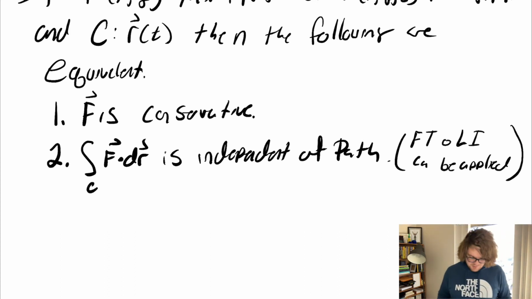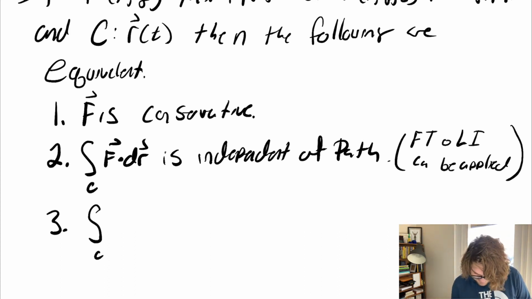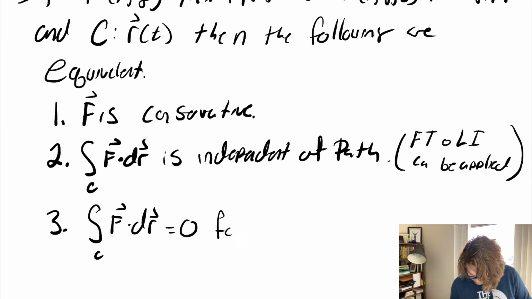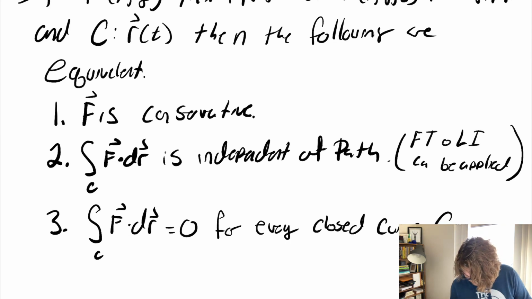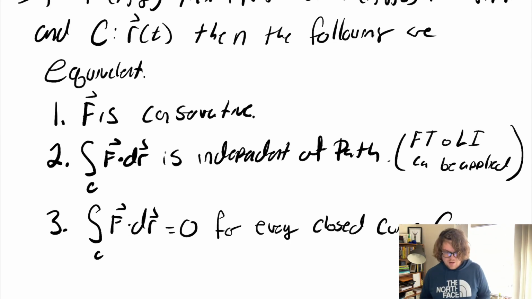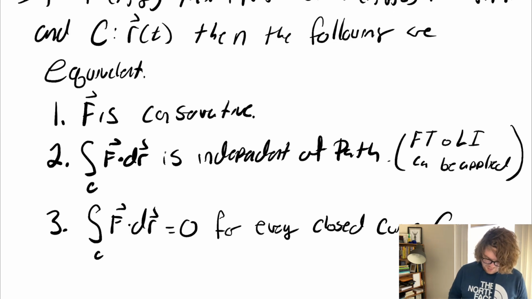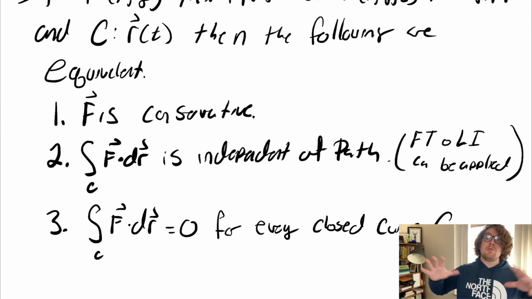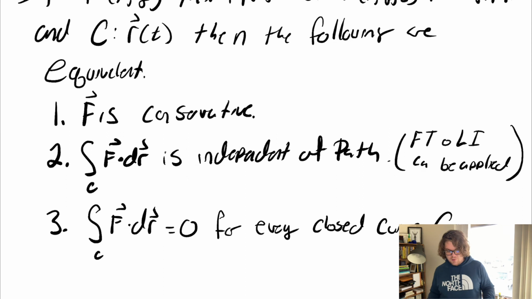And then the last condition is that the integral over the curve C of F dot dr is equal to 0 for every closed curve C in R. What I mean by that is that if you have some sort of vector field, and you evaluate a line integral over every single closed curve, which is a difficult thing to do because there are infinitely many closed curves, and you get 0 for each and every one of those, then these other two conditions are also going to be true.